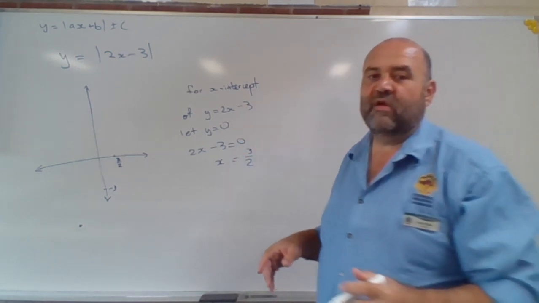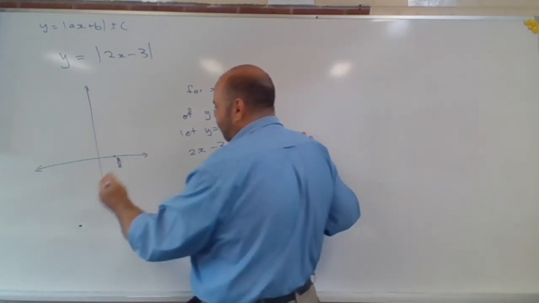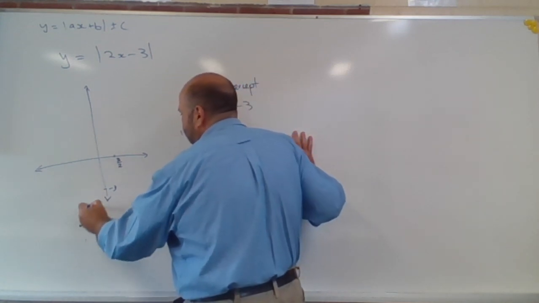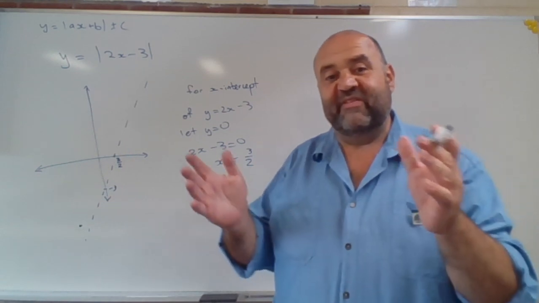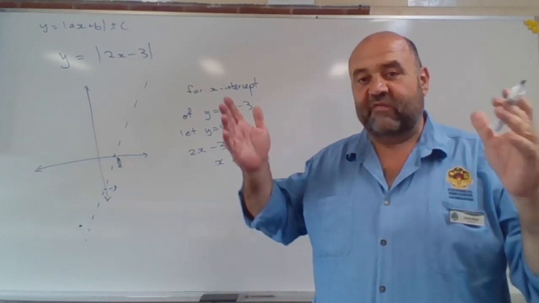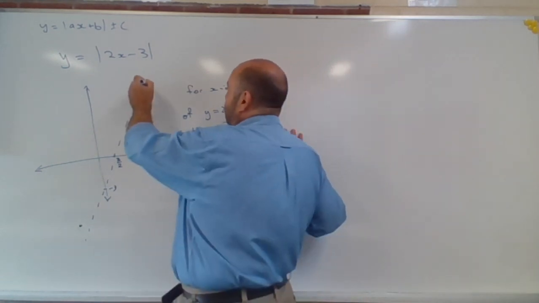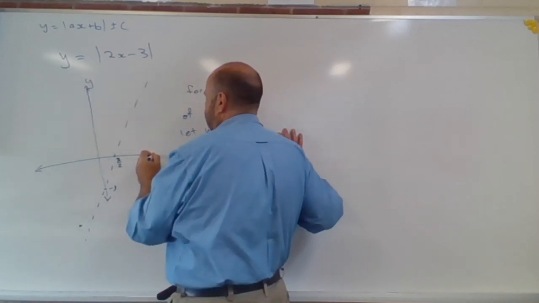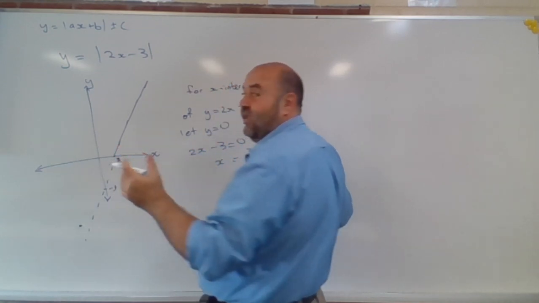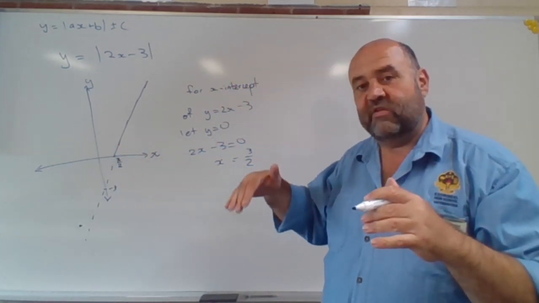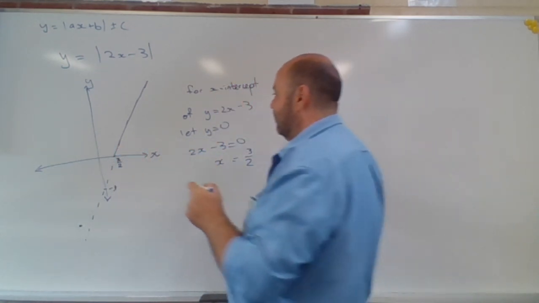Okay. So our graph would normally pass through like that. But remember, the absolute value means that we're never negative. So our graph is only going to be positive. We're going to be up here. But when we hit our x-axis, we don't go into the negative. We bounce off and we go positive.